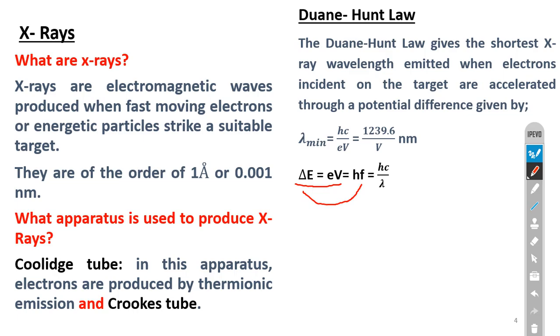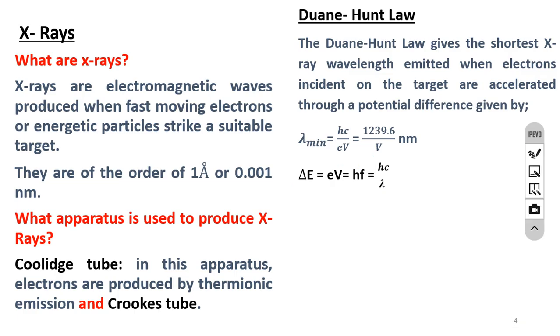I can as well say E equals hc over lambda. I can as well say eV equals hf. I can also say eV equals hc over lambda. So all you need is just to memorize these expressions, and anytime the equation is given, we can apply them depending on the quantities given in the expression or in the equation.